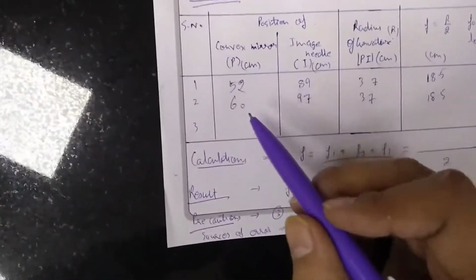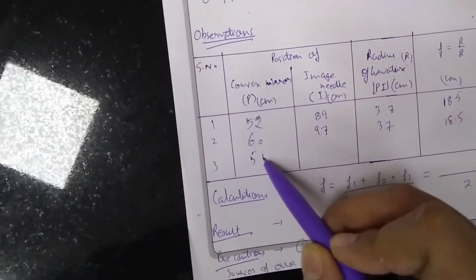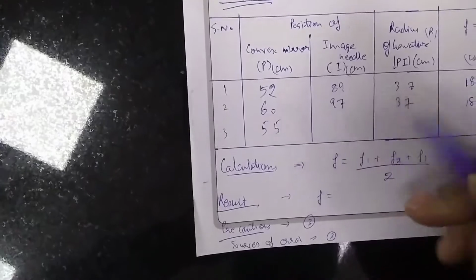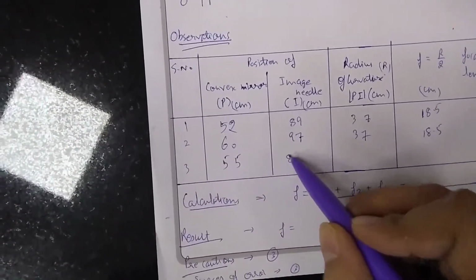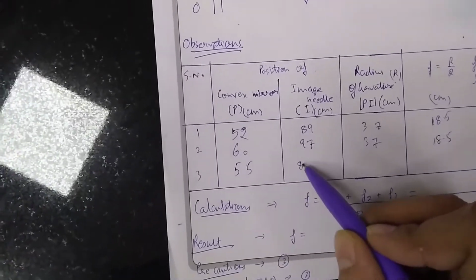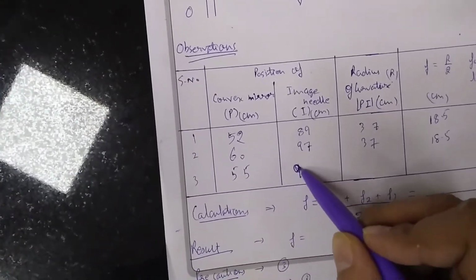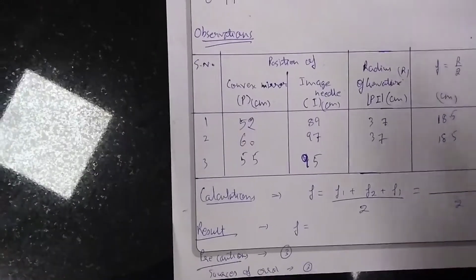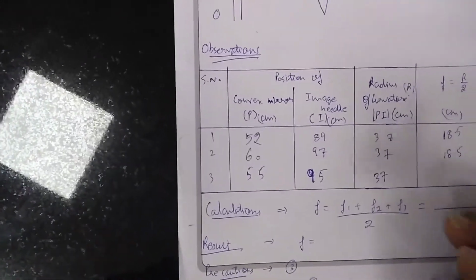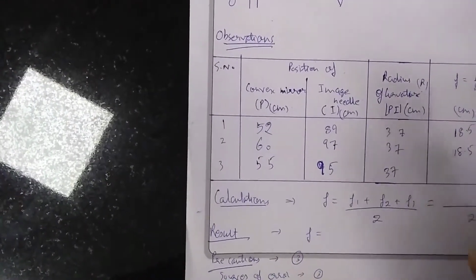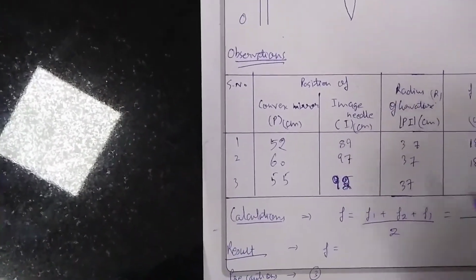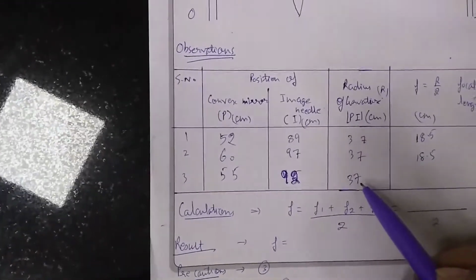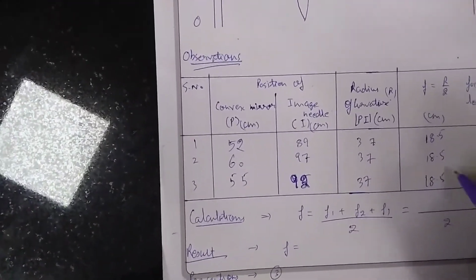18.5. We have already taken another reading in which the mirror was placed at 55 and the image needle was at 92. Again the distance is 37, and this is 18.5.